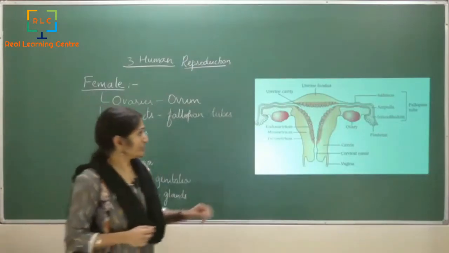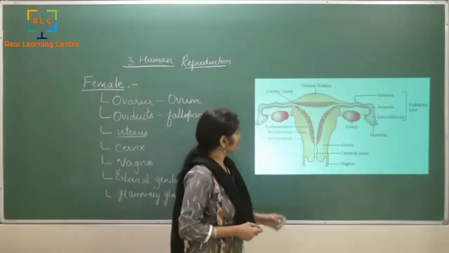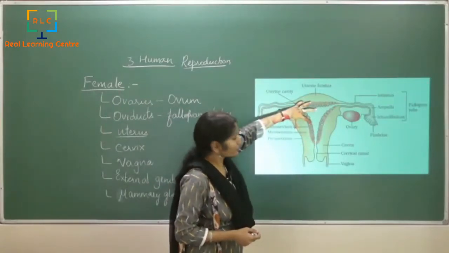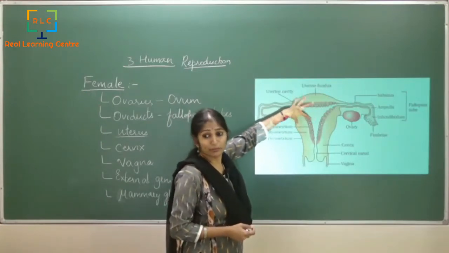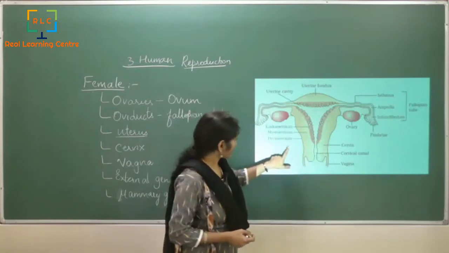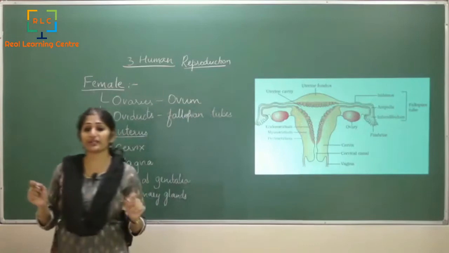Now let us see what the uterus structure is like. It is quite thick, made up of many membranes. We have the outermost membrane of the uterus, called the perimetrium.